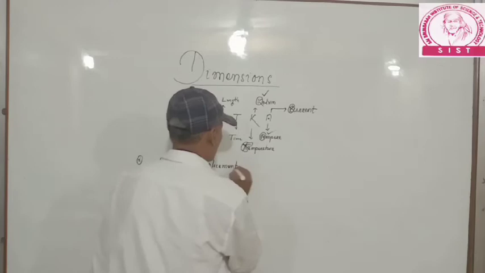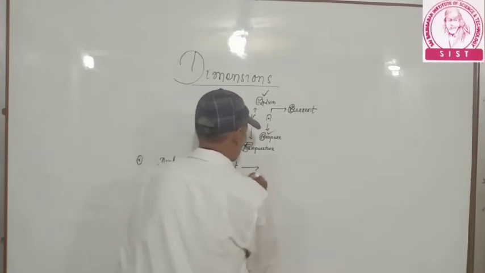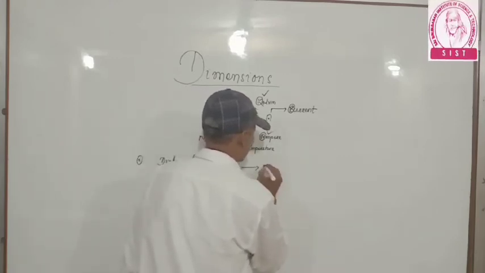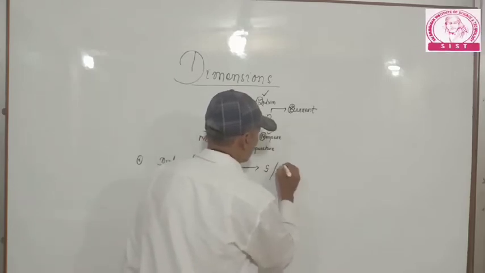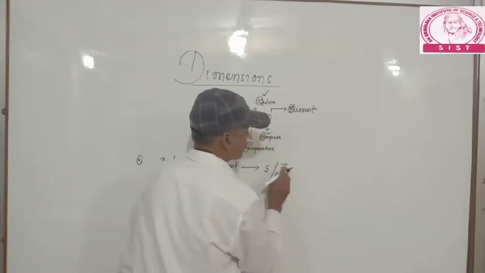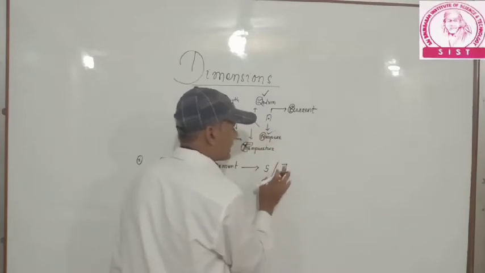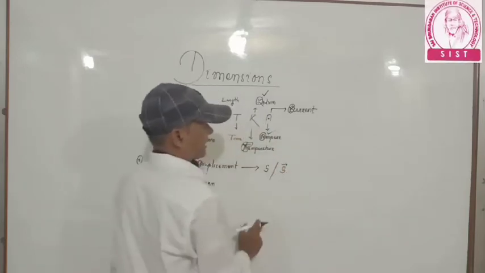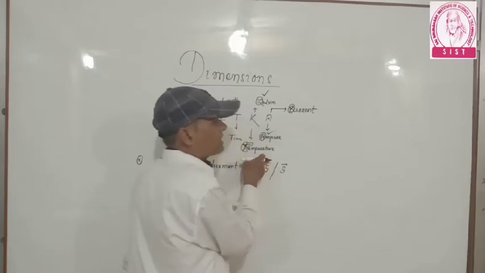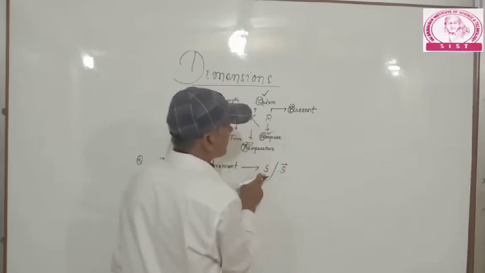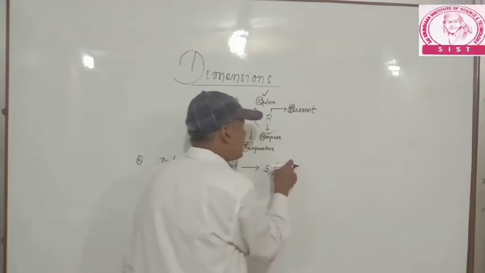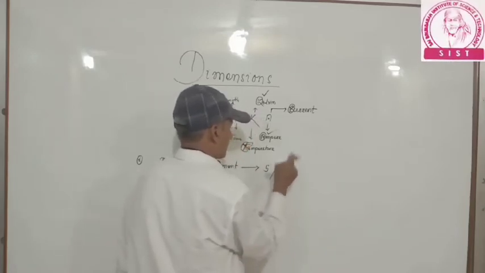Symbolic presentation of this is S for displacement. It is S, and this arrowhead indicates it is a vector quantity. Here no arrow is here, so it is a scalar quantity. Here arrow is there, so it is a vector quantity.